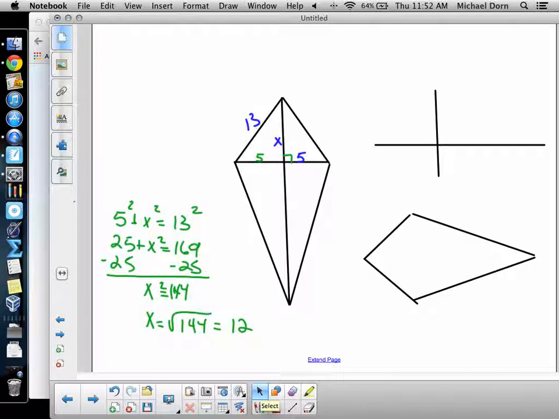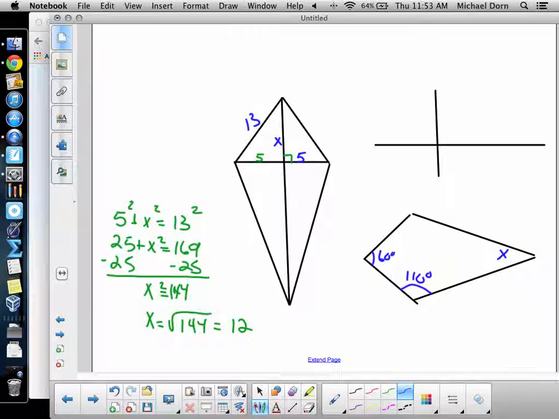So, angles of a kite, we had number 26 where we had 110 right here and 60 right here, and it asks for x down here. Well, remember that there's one pair of congruent angles on a kite. Is it going to be 60 and x? No, it's going to be these two. It's where the non-congruent sides connect. Those two angles have to be congruent. So this angle also has to be 110.